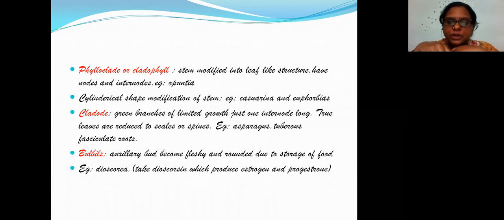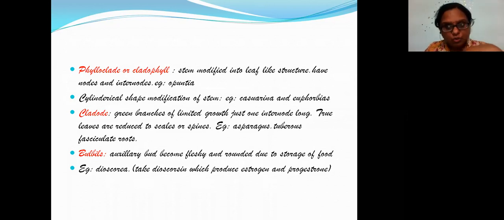Dioscorea actually produces something called diosgenin. This diosgenin is the medicine. They will take the fruit of that. The plant name is Dioscorea, which I have shown you now. It produces, and we extract, this diosgenin.